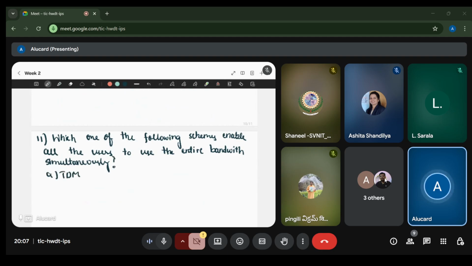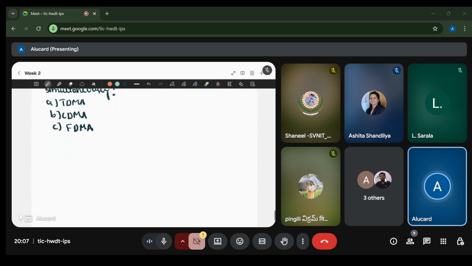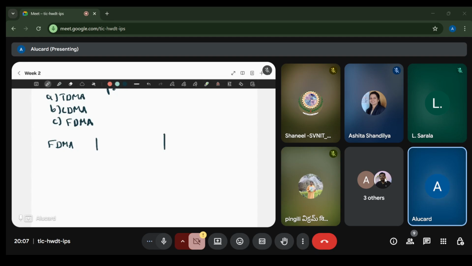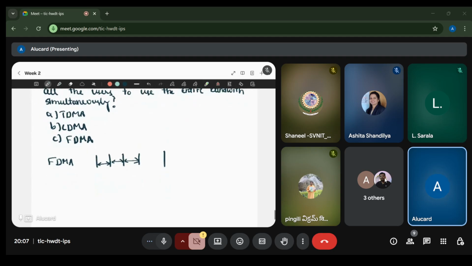The TDMA, CDMA, or FDMA? Now, FDMA is straightforward. Each user is given a different frequency, so all the users are not accessing the entire bandwidth.